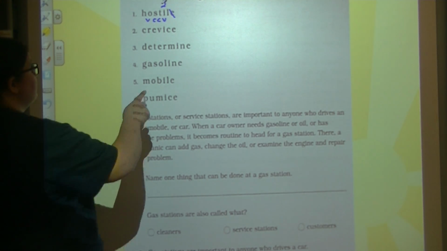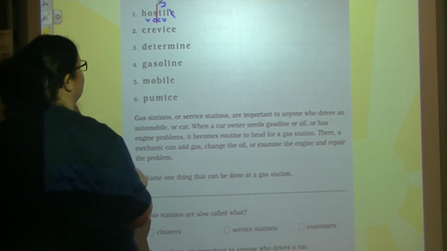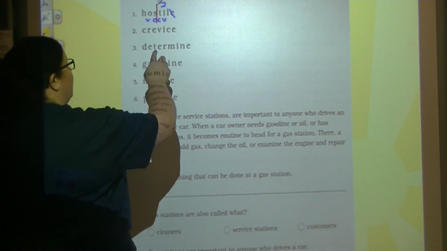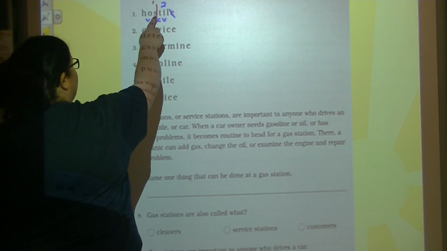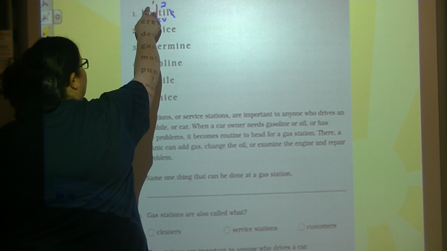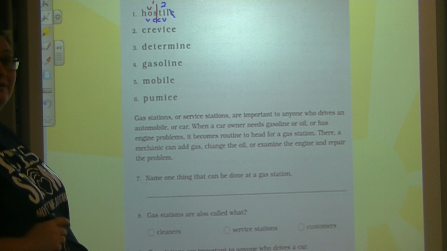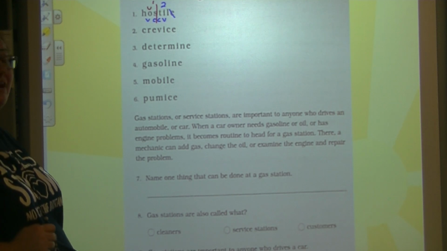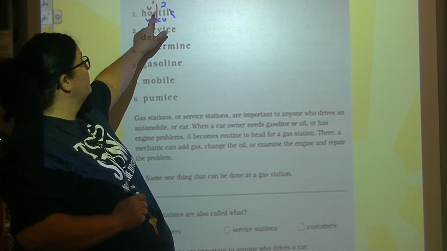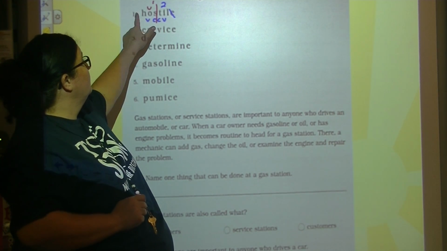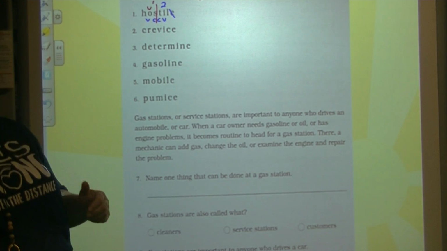Between the 2 consonants. So divide between the S and the T. Accent is on your first syllable. All right, vowel followed by a consonant is short, so put a breve on your O. Now we can sound out that word. Hostile. What word? Hostile.